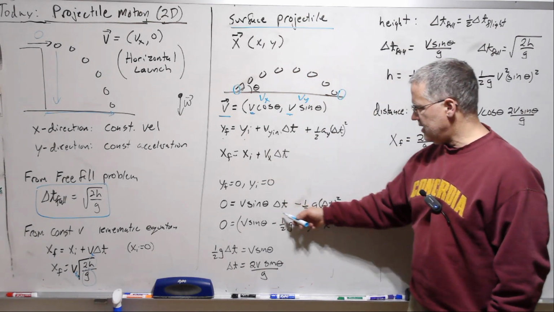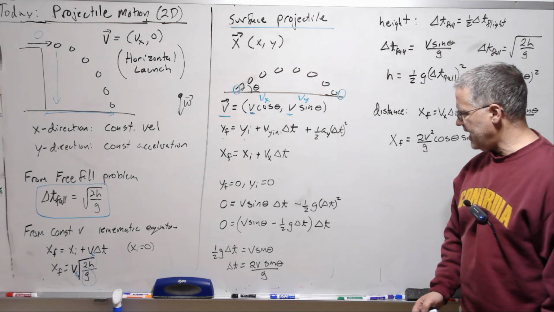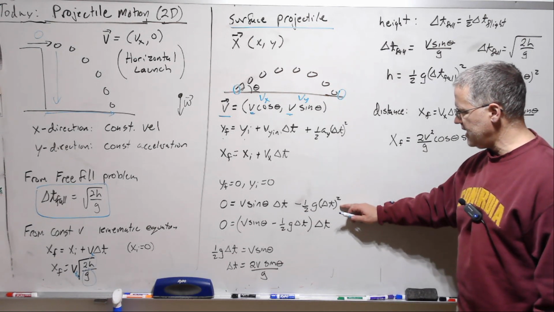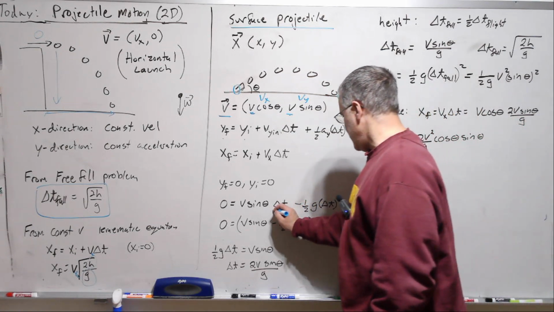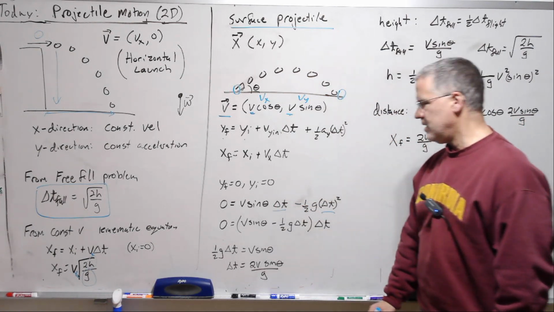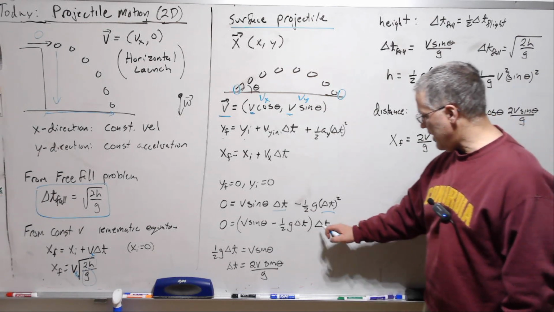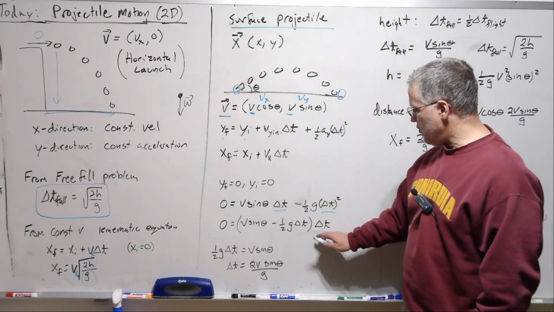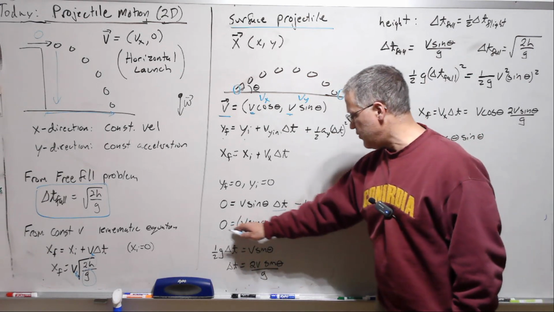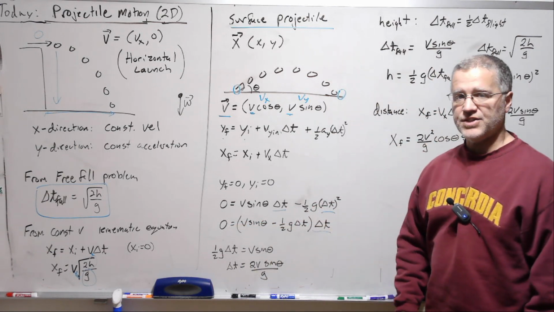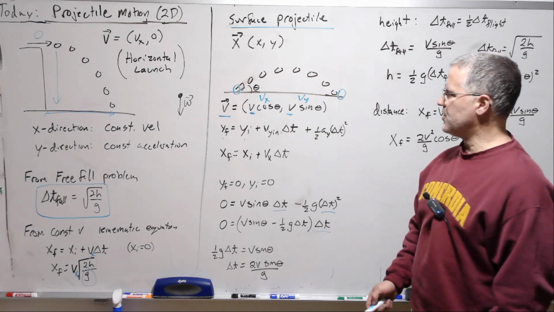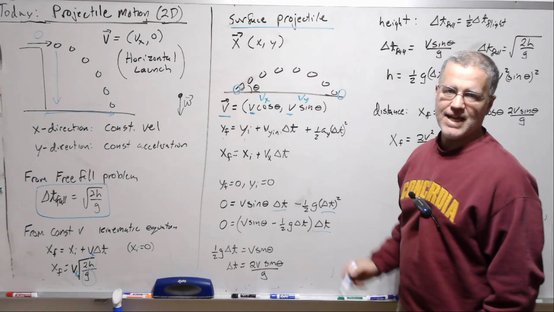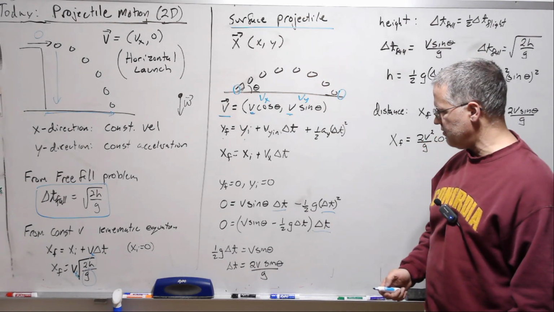And we see it looks like we might be facing a quadratic equation if we're going to try to solve for delta t. But there's a delta t in each of these terms that we can pull out, and this whole thing is equal to 0. So this equation will be true if delta t is 0, but that's not really a physical solution because we know that delta t is going to be greater than 0.